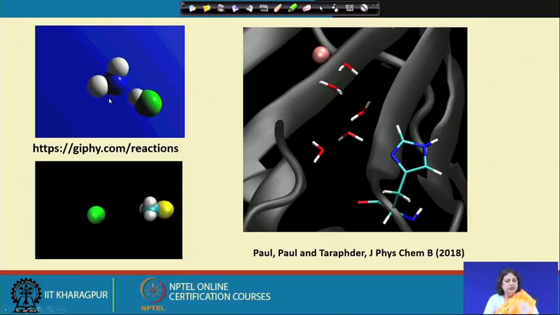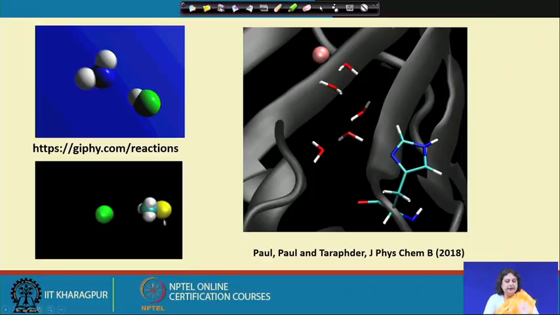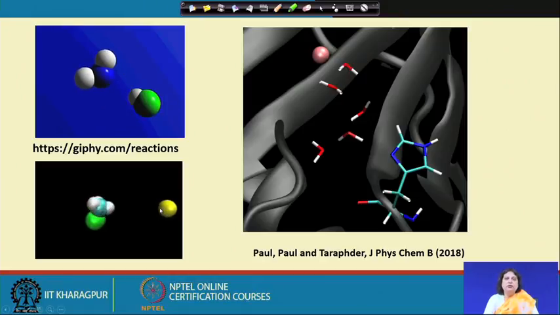For example, here you see that this molecule approaches this molecule and takes one atom from it and leaves. On the other hand, in this particular case, the green molecule comes in and takes away a group like this NH3, which was probably coordinated to the yellow atom, and takes it away.